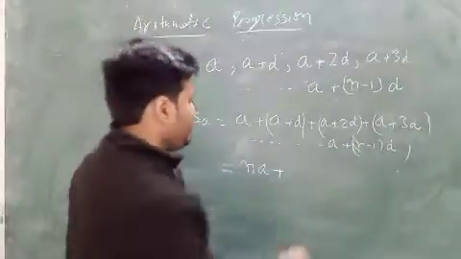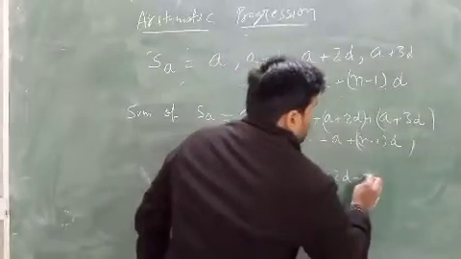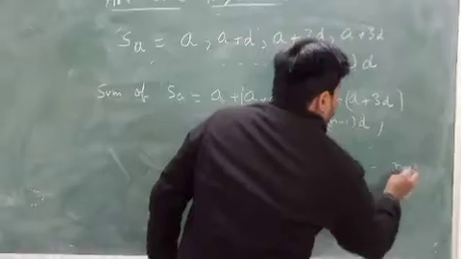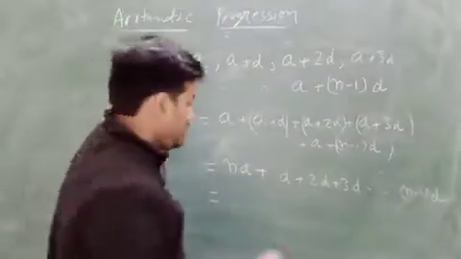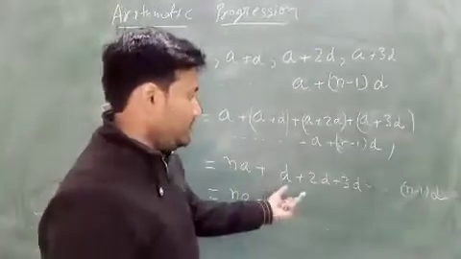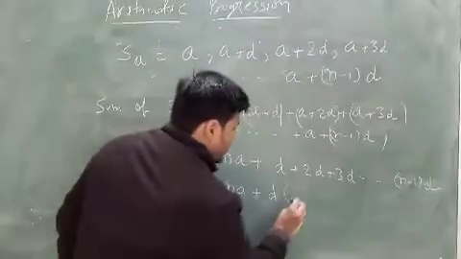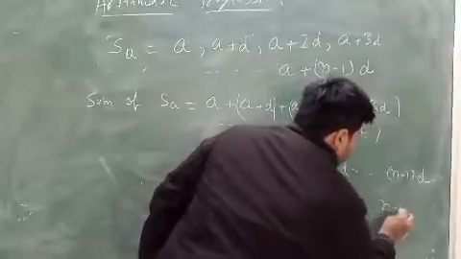So we can write d plus 2d plus 3d up to (n minus 1) into d. We can take d as common.